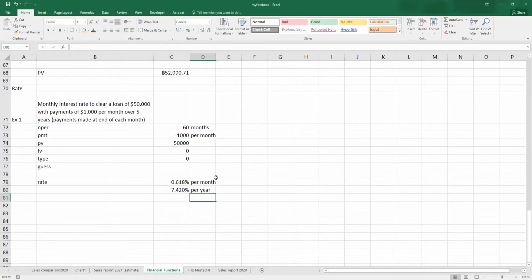It depends on what they ask you. They may just want you to show the rate per month only, then you just answer the rate per month, or you can change it to be the rate per year. It depends. Okay, so any questions about this example?